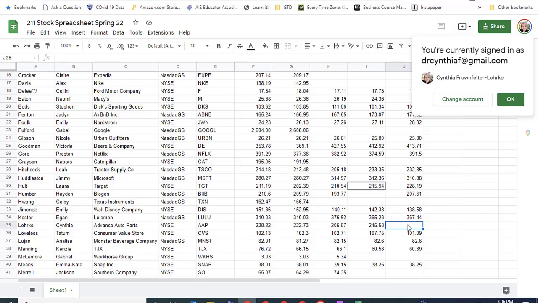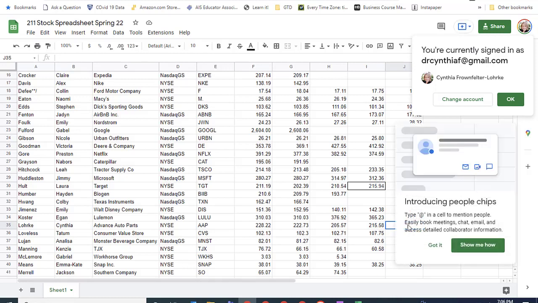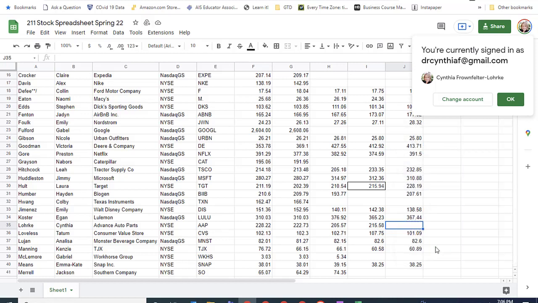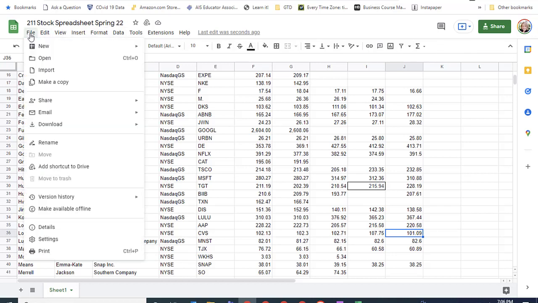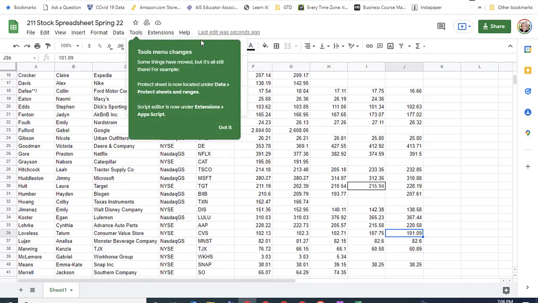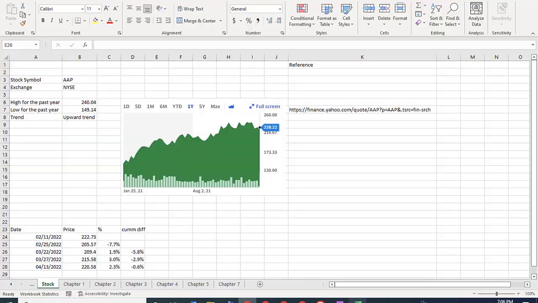So here's my new stock price, 220. I got all these pop-ups. Okay, so I've got all those done. I'm going to go ahead and save. Oh, I don't have to save this one. It saves automatically. All right, so I am done with this chapter. So I'll see you at the next chapter.